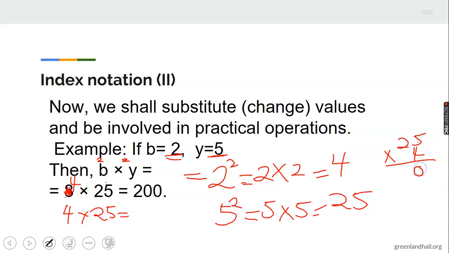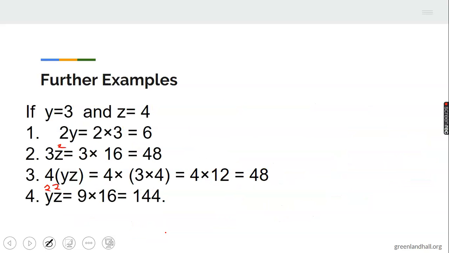You write your 0, you carry your 2. 4 times 2 is 8. 8 plus the 2 you have raised up there is 10. So we have 100. The answer is 100, not 200 as you can see here. That's 4 times 25, which is 100. That is our final answer.